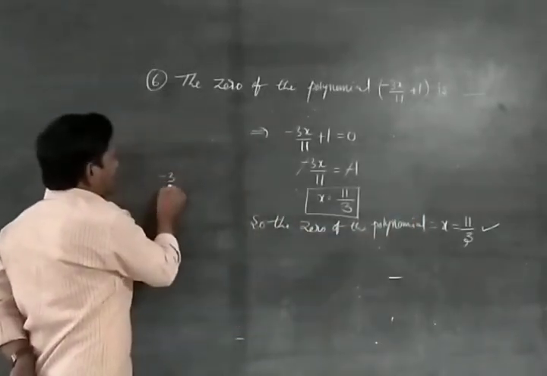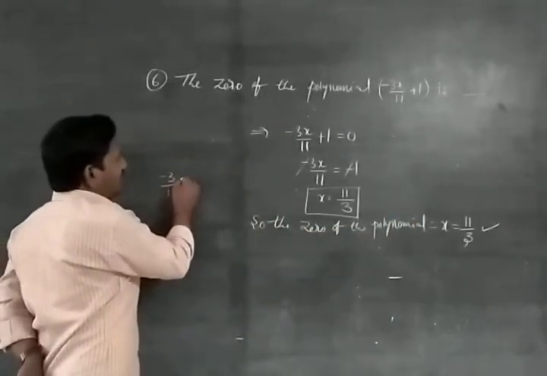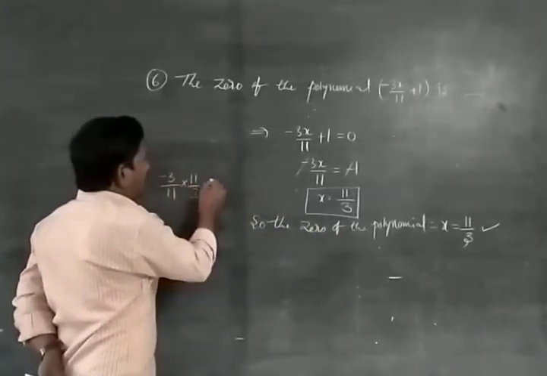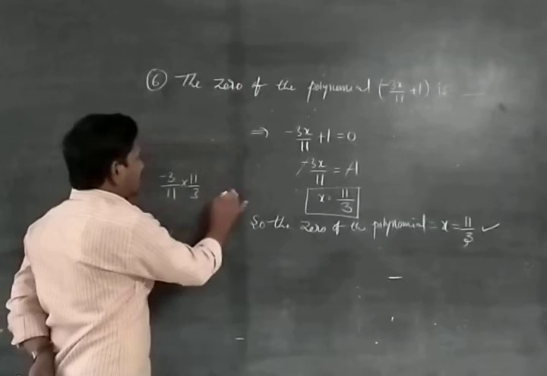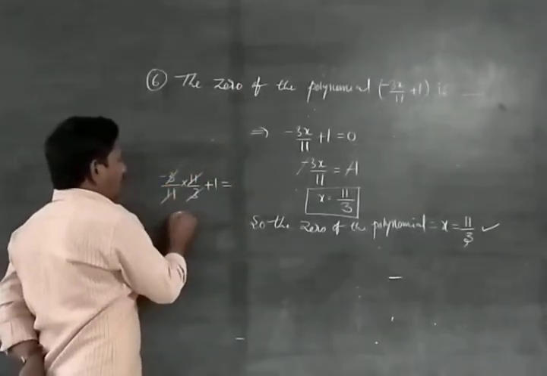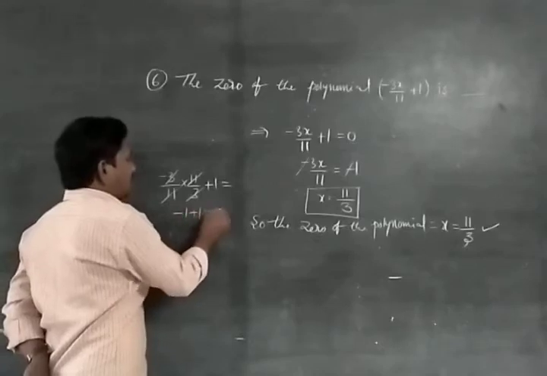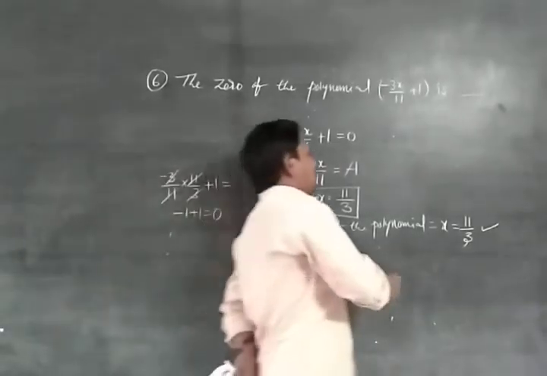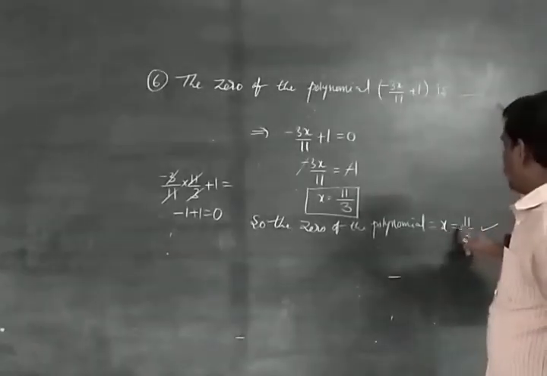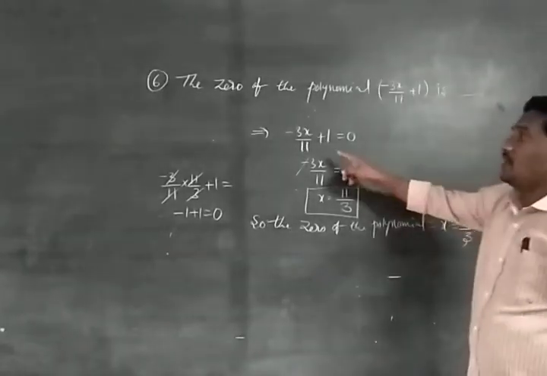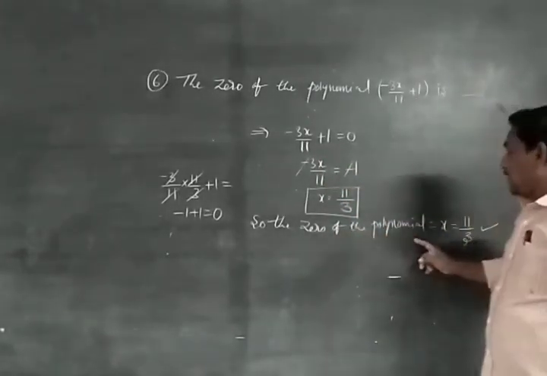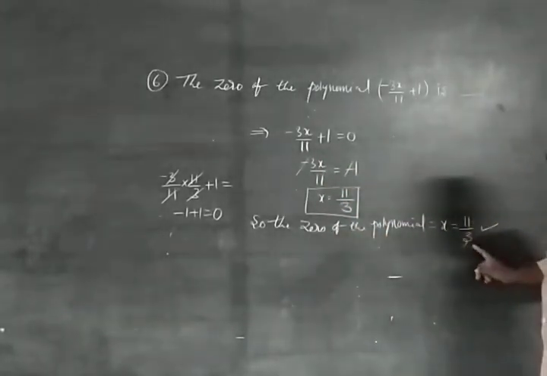Substituting in minus 3 by 11 x plus 1: 3 cancels, 11 cancels, minus 1 plus 1 equal to 0. So x equal to 11 by 3 satisfies the given polynomial. So the zero of the polynomial is x equal to 11 by 3.